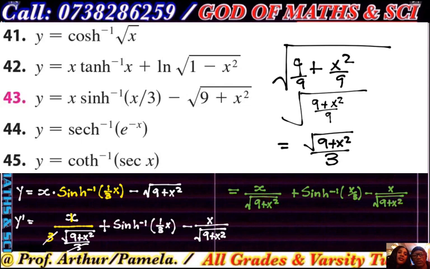That and that are like terms. They cancel, don't they? Yes. Then you're just left with arcsinh of x over 3, close bracket. So that will be the final answer there.